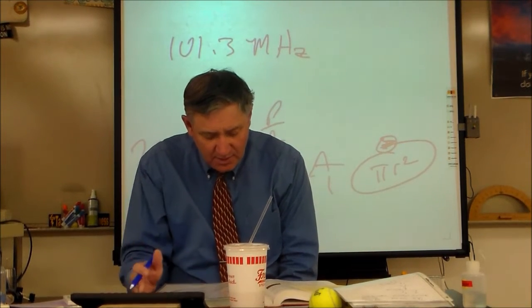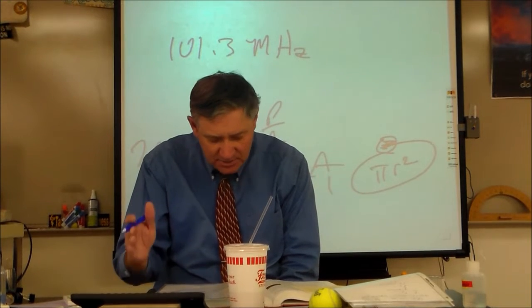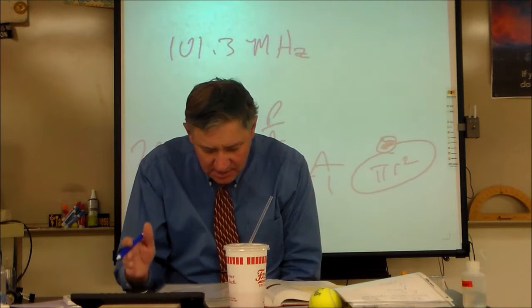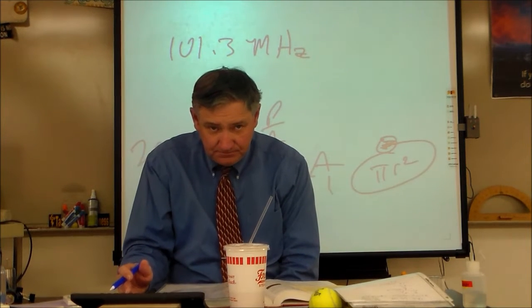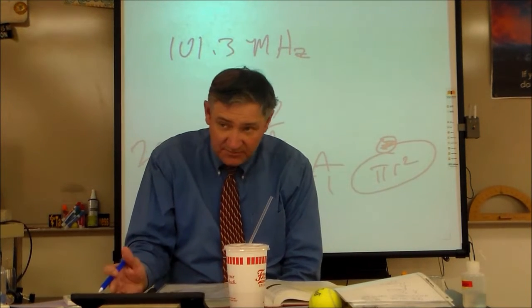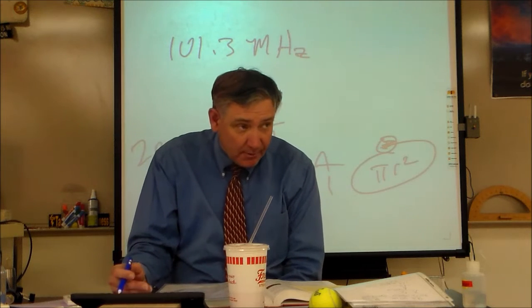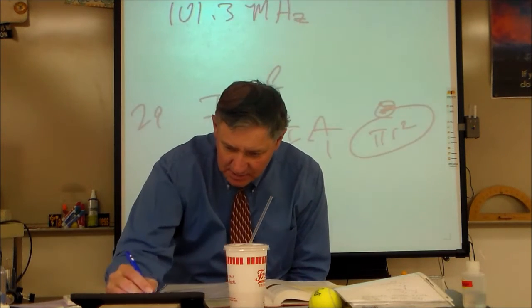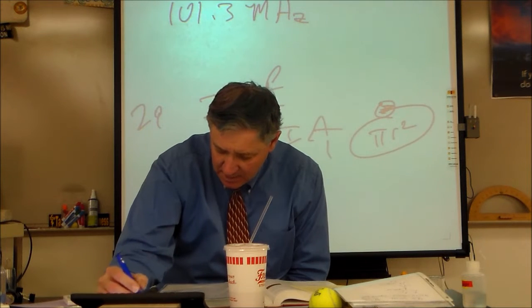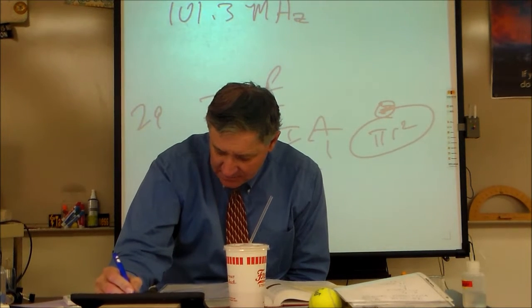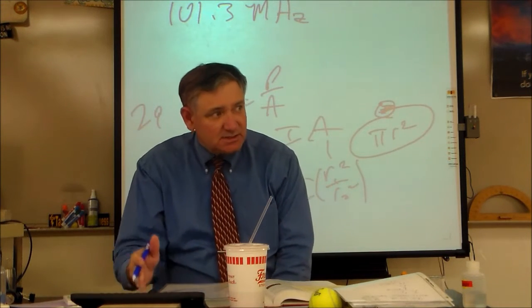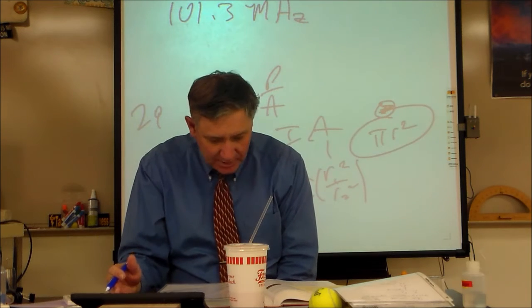So on 30, that answer should be something times 10 to the -9th joules. Which isn't very much, but it's also your eardrum. So you got to find that new intensity, using I2 equals that intensity times that ratio of R1 squared over R2 squared. Then use that new intensity in that power equation.